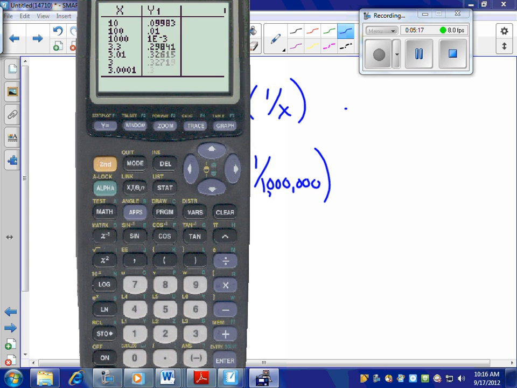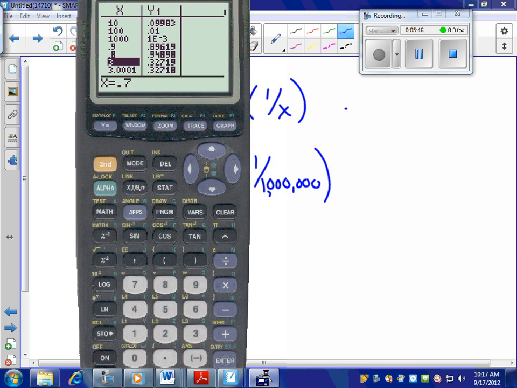Okay, so if we look back at our table, you can tell that as we plug in large numbers, the value of this function is becoming very, very close to 0. But now let's try approaching 0. This function is supposed to be approaching 0. Let's plug in different numbers. Let's plug in 0.9, and we get 0.89. Let's plug in 0.8. Now it jumps up to 0.94.